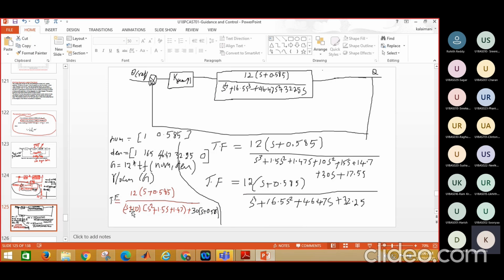Into s square, then 1, we will get 1.5 s square. Then we will get s cube plus 16.5 s square.